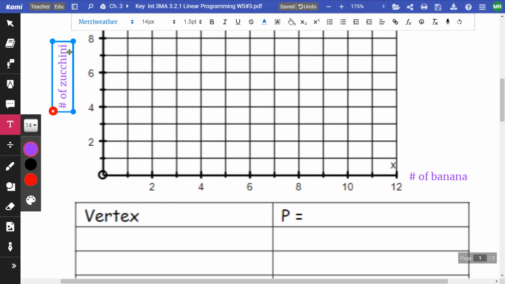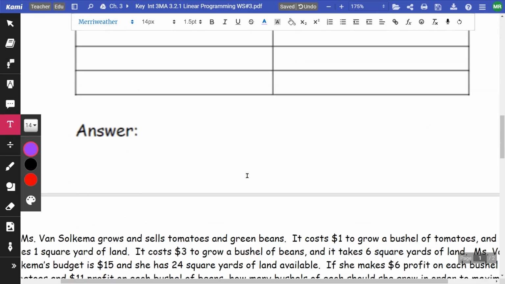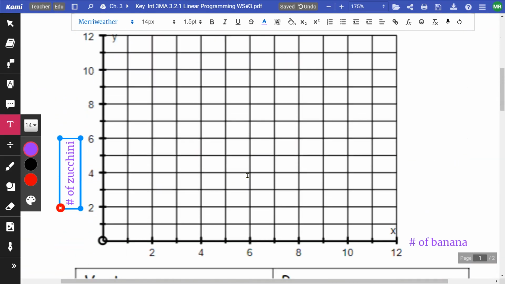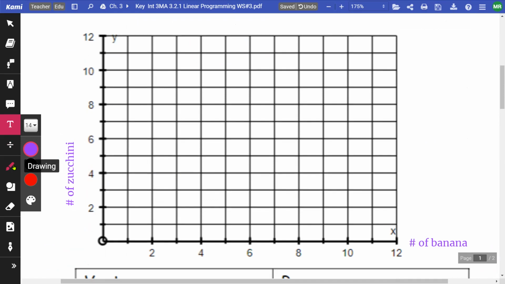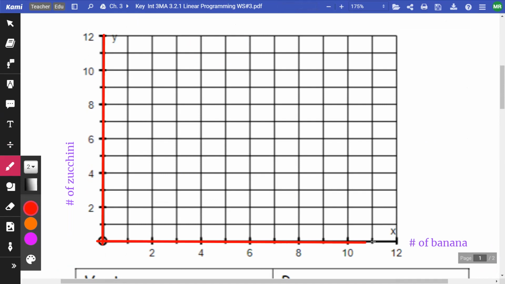Because my x has to be greater than or equal to 0 and my y has to be greater than or equal to 0, I'll have a vertical line here at x equals 0 and a horizontal line here at y equals 0. Then I would be graphing everything above that.